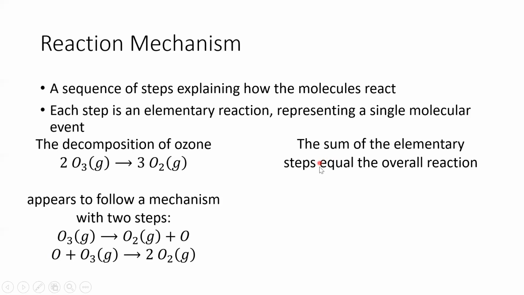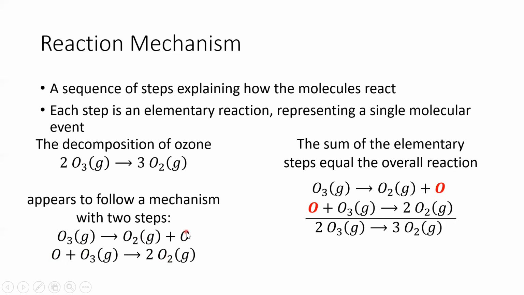The sum of the elementary steps will always equal the overall reaction. So if we were to add these two reactions together, we would get 2O3 yields 3O2. The oxygen atoms are going to cancel out.